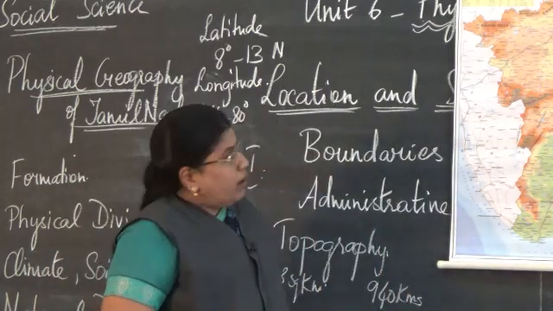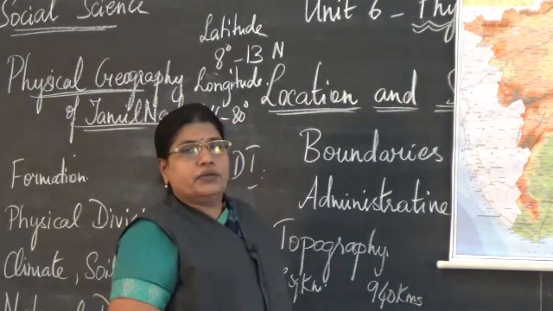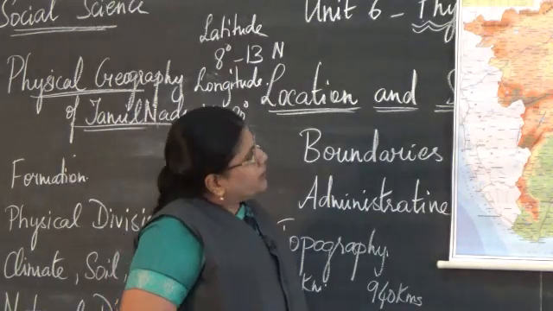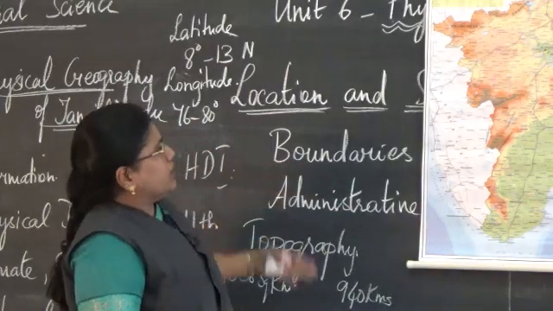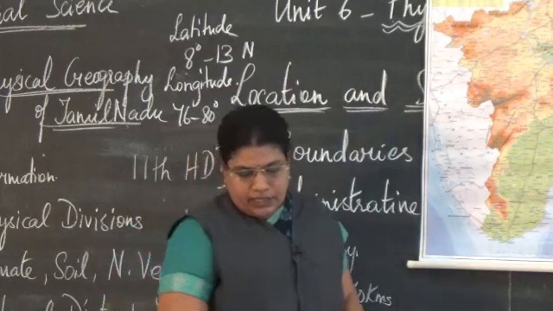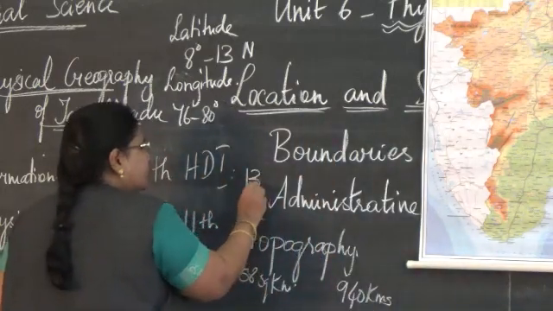Now, based on the language, India was divided into various states. Likewise, after independence, after so many years, Tamil Nadu has been divided into many districts for administrative purposes. In the beginning, there were only 13 districts.